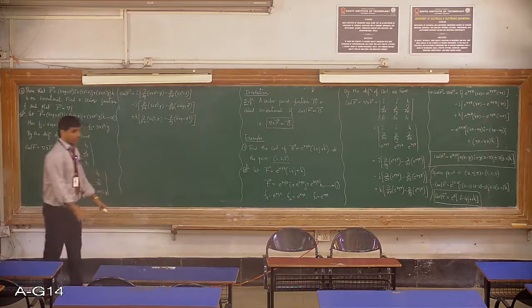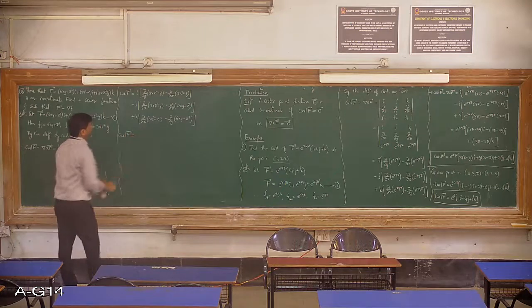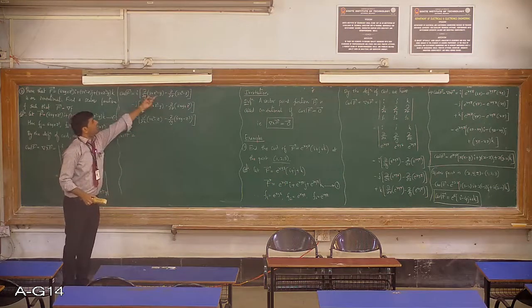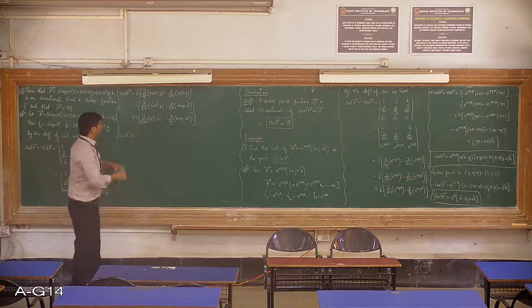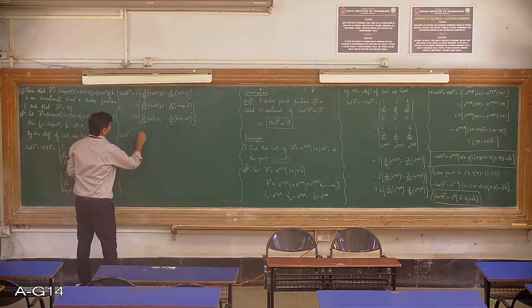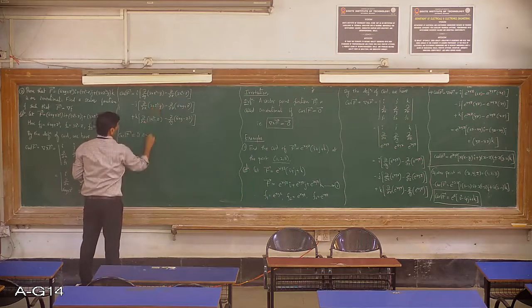Okay, we'll check it. So therefore curl F is equal to, you can see we are differentiating this with respect to y. In the first term there is no y term, so this will be 0, and here there is a y term. Therefore, i in the bracket: the first term's derivative with respect to y will be 0, and for this it is minus 1.